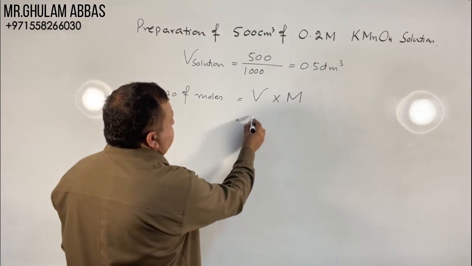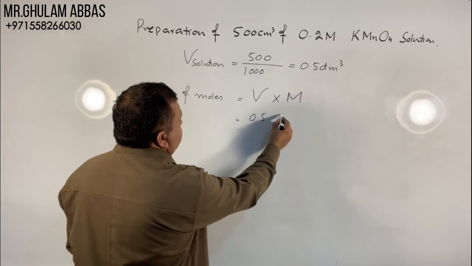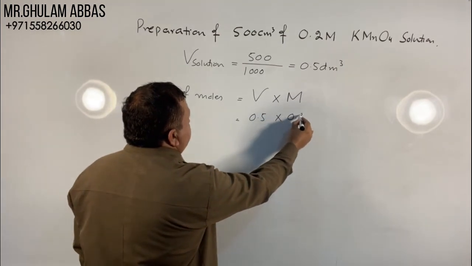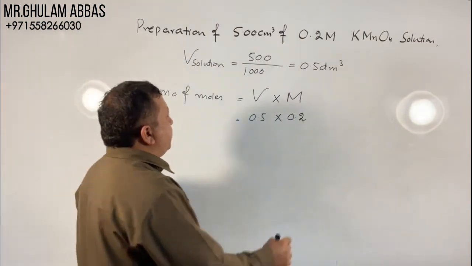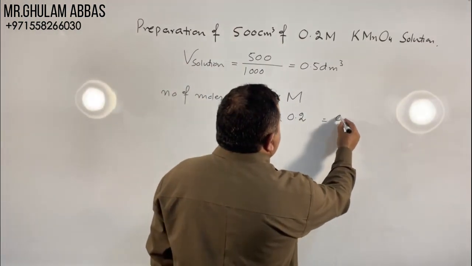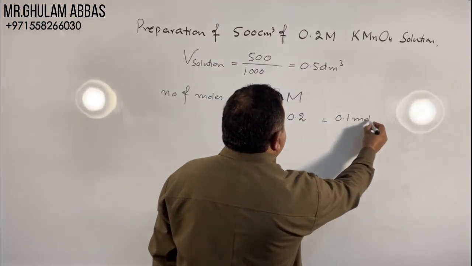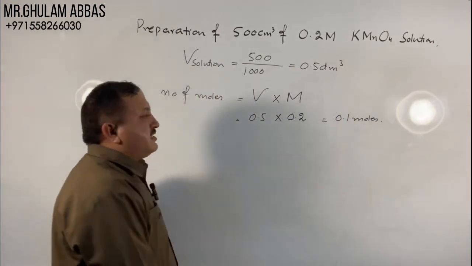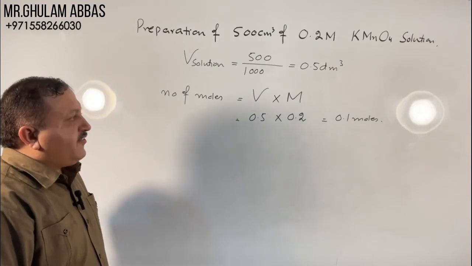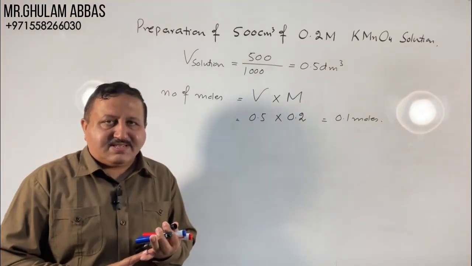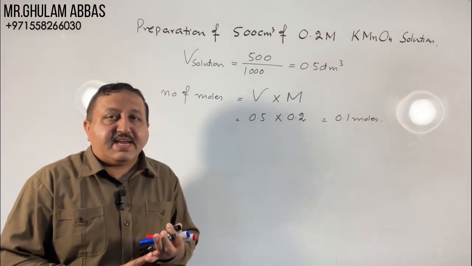So volume is equal to 0.5, molarity is 0.2. This will be equal to 0.1 moles, or simply you can calculate by multiplying this. After calculation of moles, calculate the mass of solute.